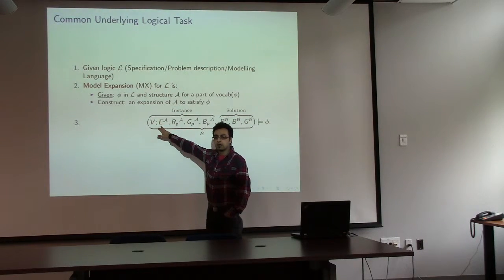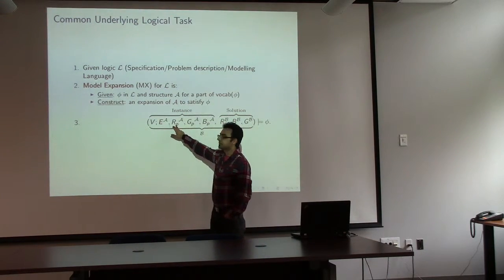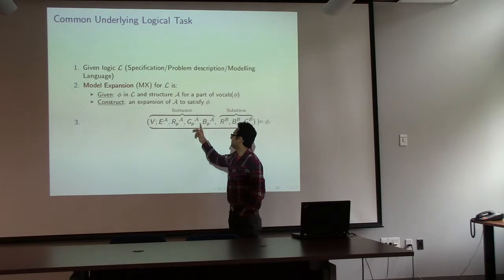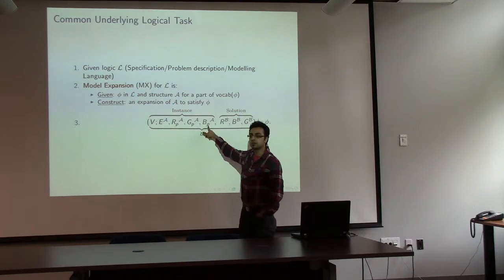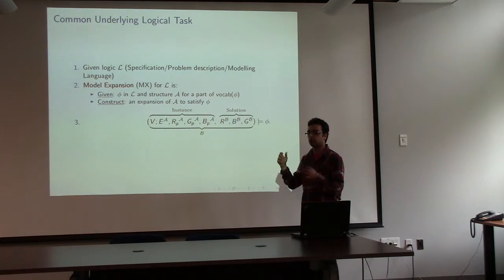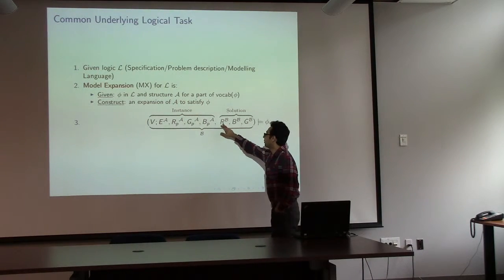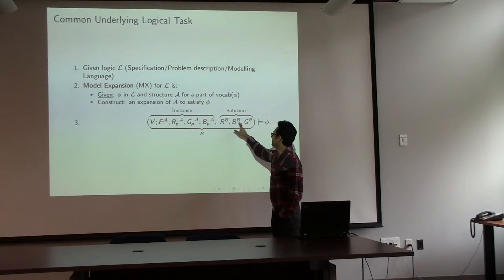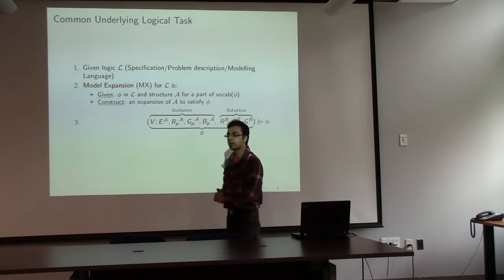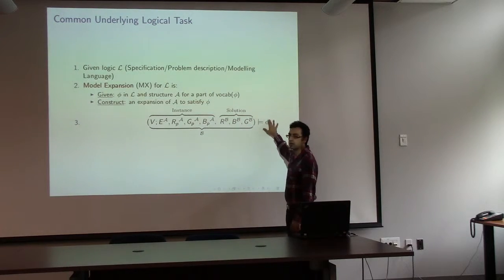So E describes the edges in the graph. R sub P says whether a vertex is already red or not. The same way, G sub P and B sub P say whether a vertex is already assigned green or blue. And we are looking for R, B, and G such that they satisfy certain properties. These properties are described in phi.